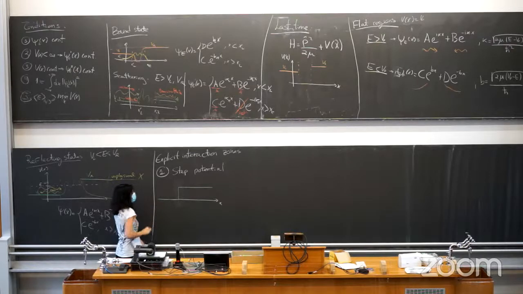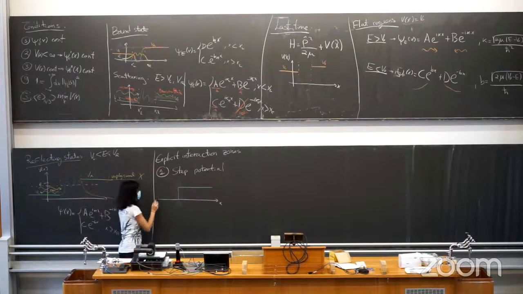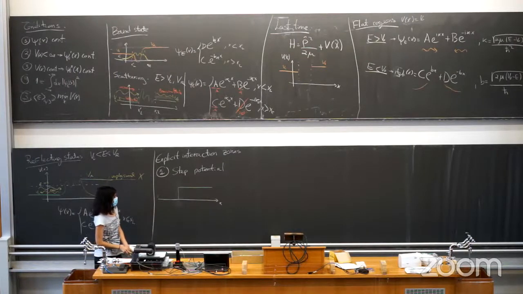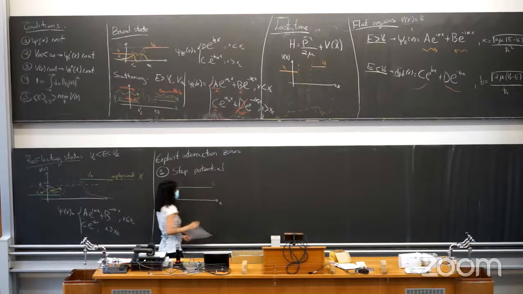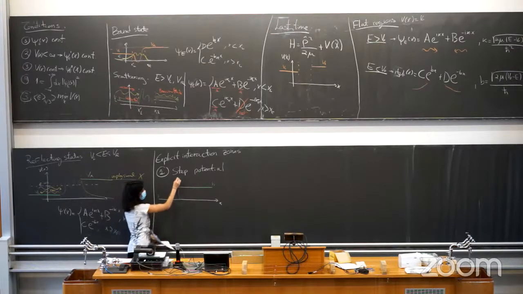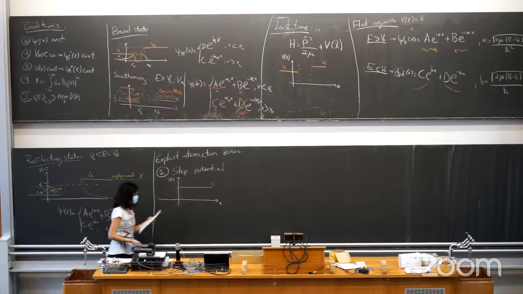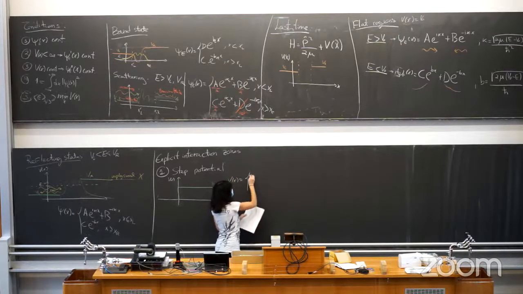Now what we do is be clever about our coordinate system. So we put here the 0 so that we don't have to always be writing a VL. This VR is just V0. And then we can put the 0 of our horizontal axis wherever we want. So we just put it here. Remember, this is always a choice. We could put this x0 to be something else, but then we're just inviting trouble. It will be the same equation, just a bit more annoying to solve.